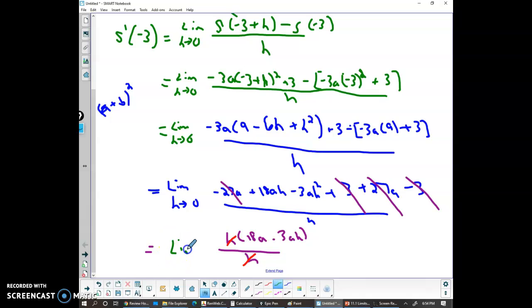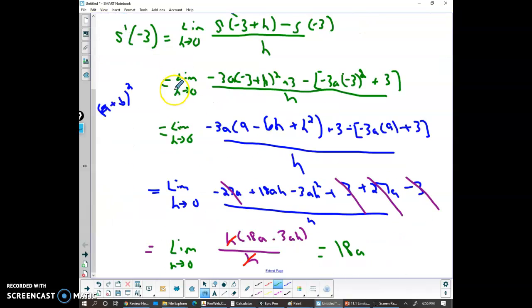It's really not substituting, you're evaluating a limit, but you can think of it as substituting. So we have 18a minus 3ah, as h goes to 0, this just goes to 0, so this whole part is 3a times 0, and your answer is 18a.